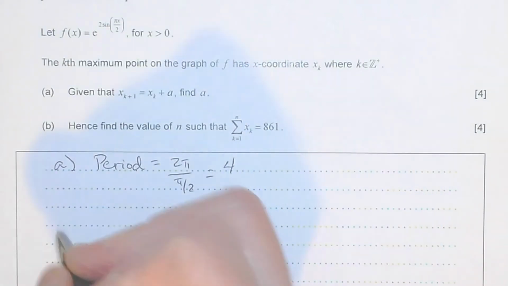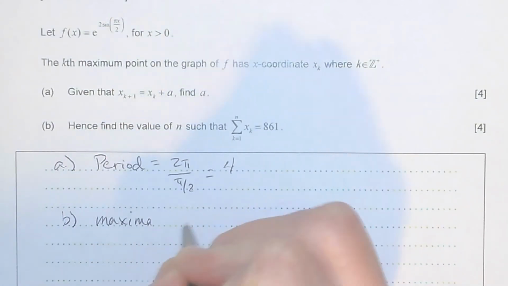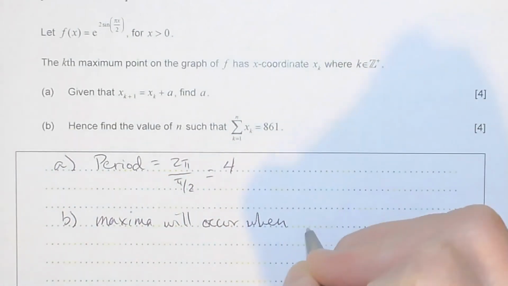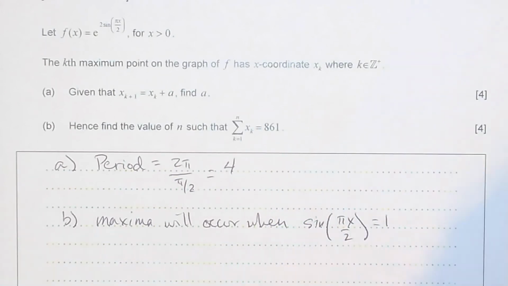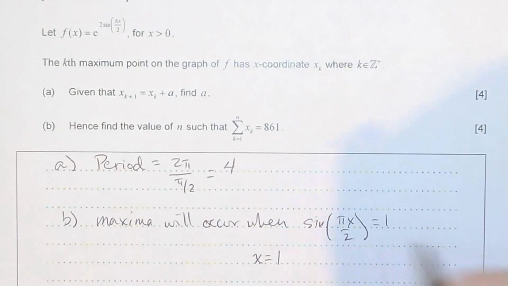However, before I get there, I'm going to notice the following, that maxima will occur when we have the sine of pi x over 2 equal to 1. Because again, that's going to be the maximum value of sine. So remember that the sine is equal to 1 whenever this thing is equal to pi halves or some multiple of that. So this will occur when x is equal to 1, because then I'll have pi over 2.